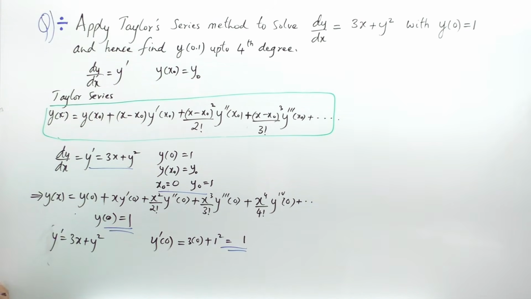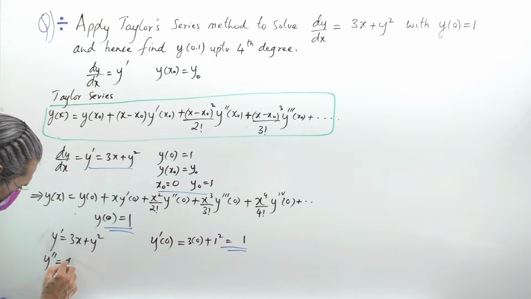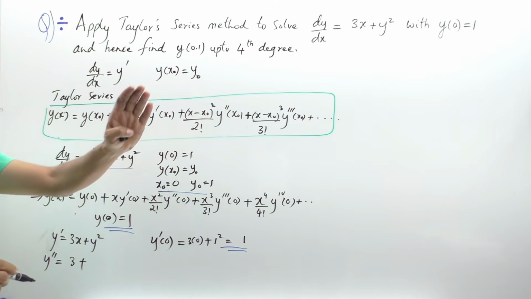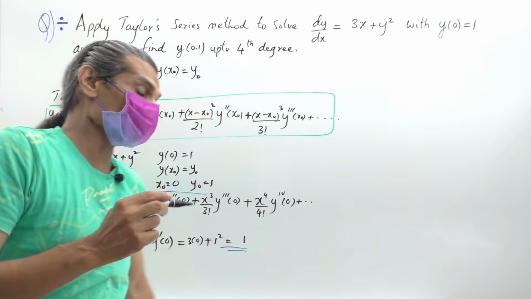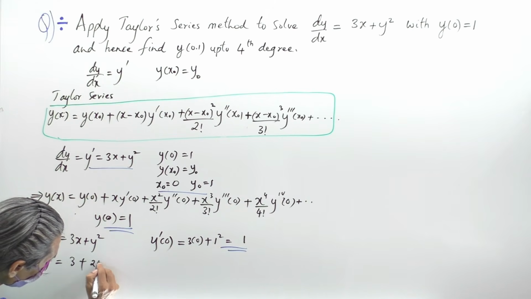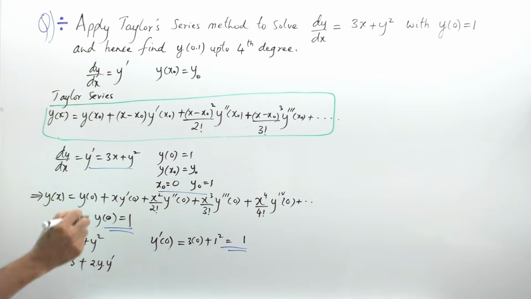Next, we will find y double dash. So what is y double dash? Y double dash means differentiation of what we found, that is 3x plus y square. So see, obviously very simple differentiation. Differentiation of 3x is 3 plus, see derivative of y square with respect to x is what? Differentiation of y square is 2y into y dash, chain rule. So we have 2y into y dash. Fine.